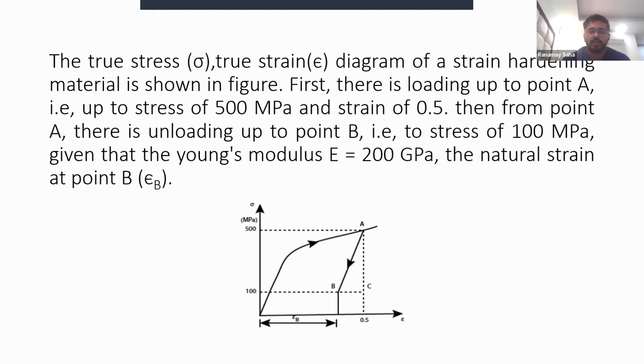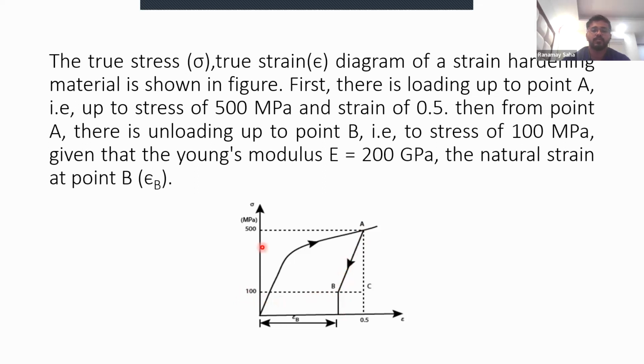Okay. Now, first, there is a loading up to point A that is a stress of 500 megapascals, corresponding to a strain of 0.5. Now, then from point A, there is an unloading up to point B, to a stress of 100 megapascals.